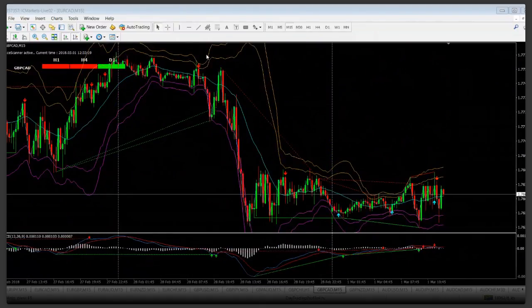And British pound CAD trade still 5 pips minus.